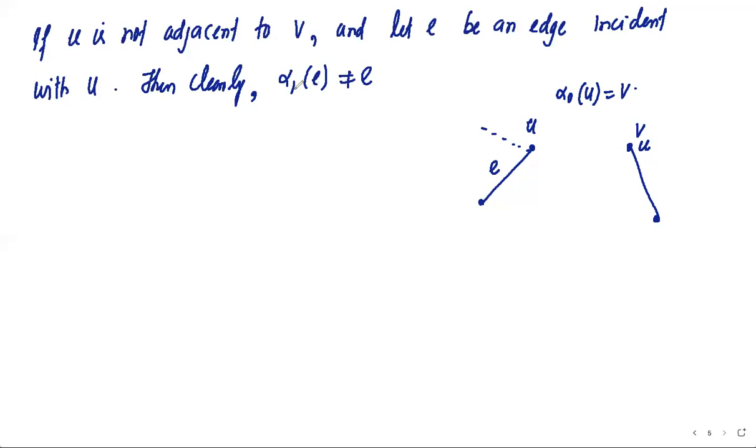So therefore alpha 1 of E will not be equal to E because we have this non-trivial vertex automorphism. Then some edge will be permuted, तो ये edge फिर किसी edge के साथ permute हो जाएगा and that edge will not be this edge E. ठीक है? So this means that alpha 1 is not equal to the identity automorphism.